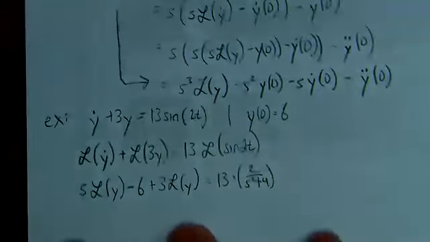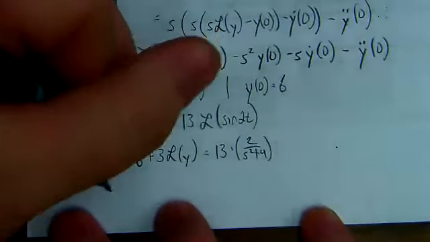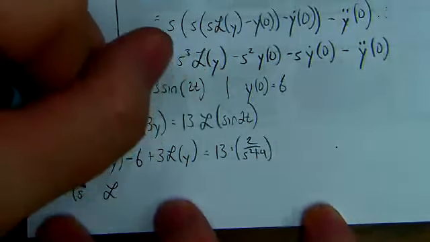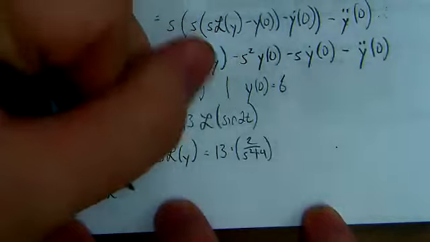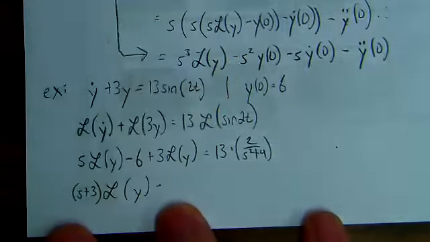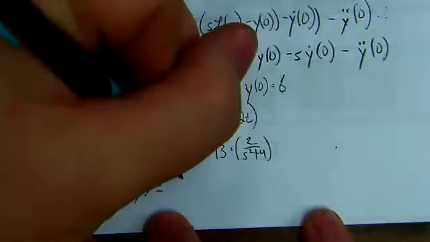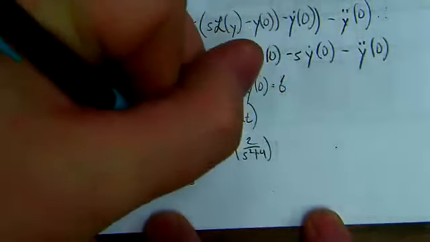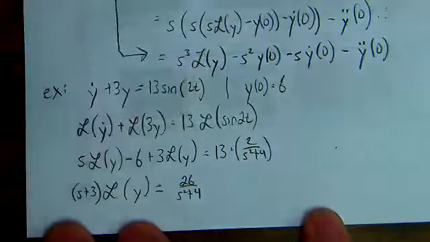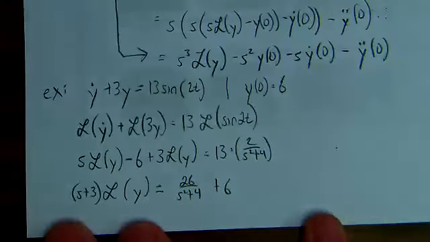And so solving this for the Laplace of y, let's go ahead and just factor out the s plus 3. s plus 3 times the Laplace of y is equal to 26 over s squared plus 4 plus 6.